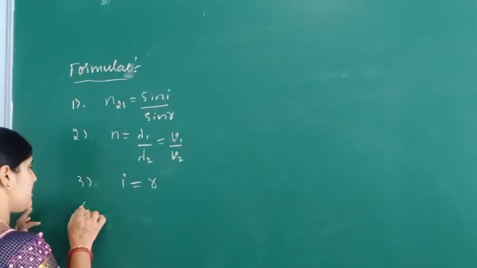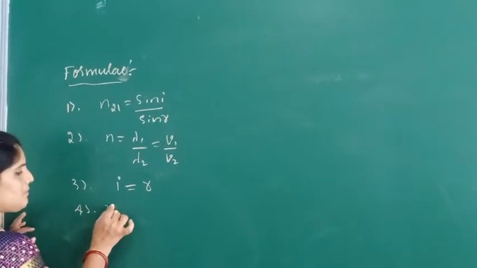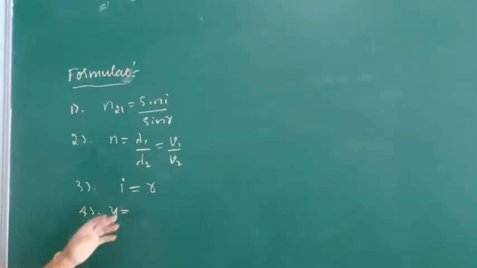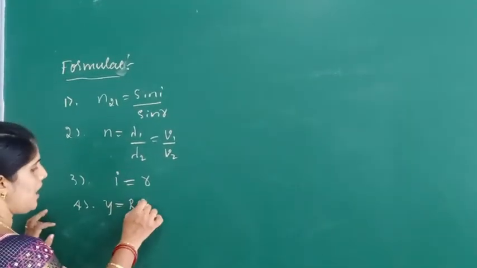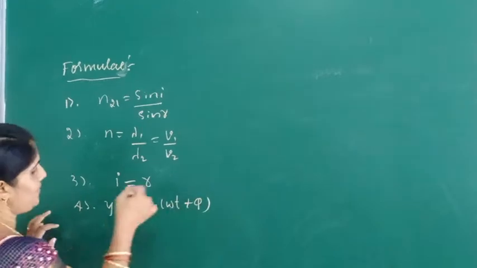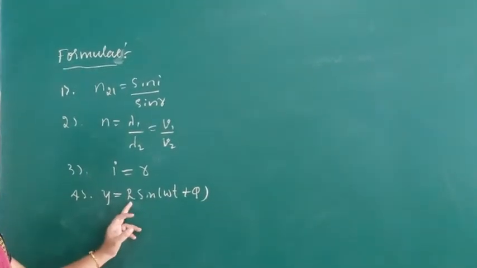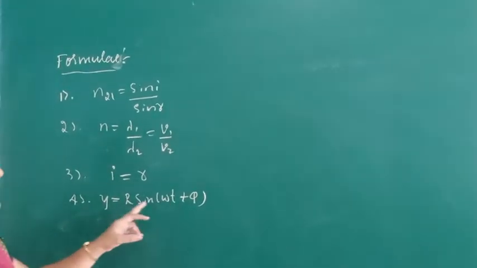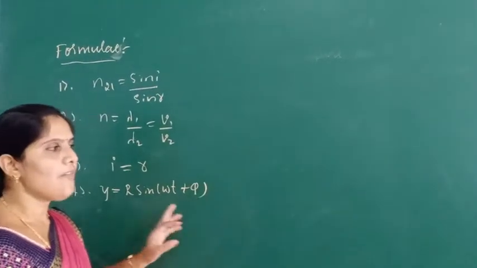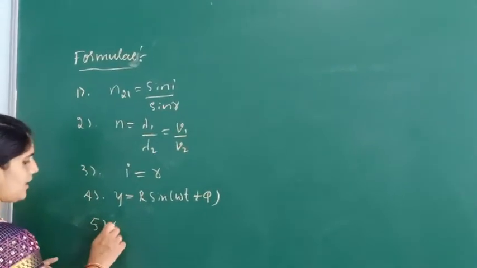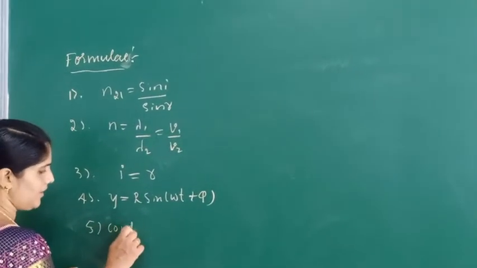Next is the resultant displacement of the wave from the interference pattern: y = R sin(omega t + phi). Here R is the resultant amplitude, omega is the angular frequency, t is the time, and phi is the phase difference.